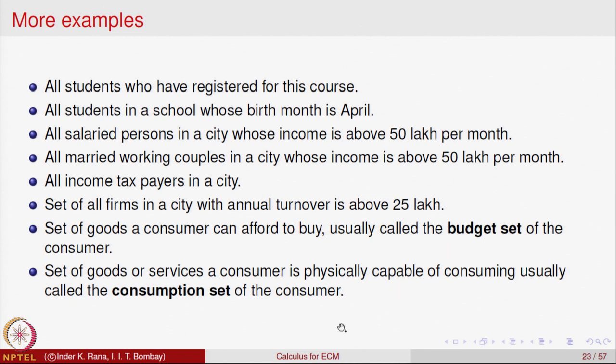So, these are terms coming from economics, and if we want to make any study of these things, we should know clearly what is called the budget set and what is called the consumption set. So, what I am trying to show is how the nature of a collection of objects in a different context can arise to analyze different kinds of problems.